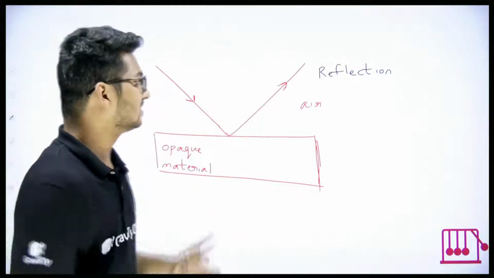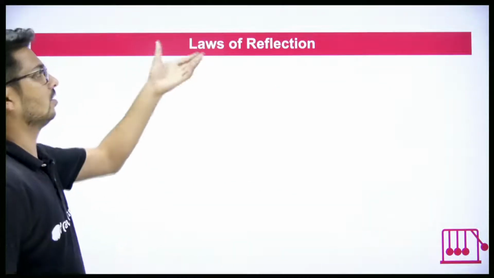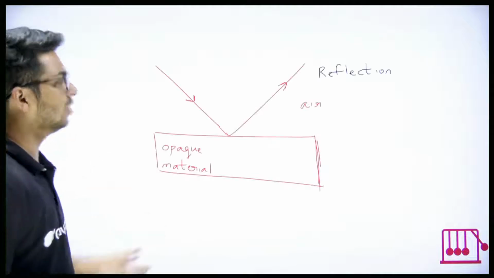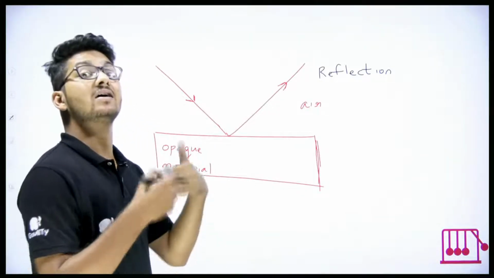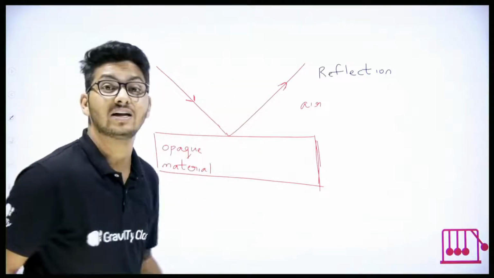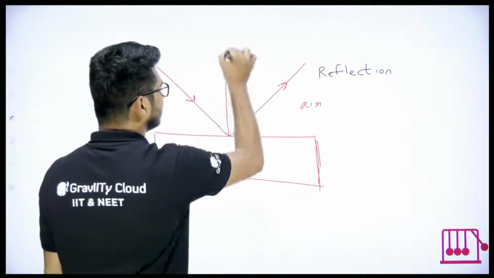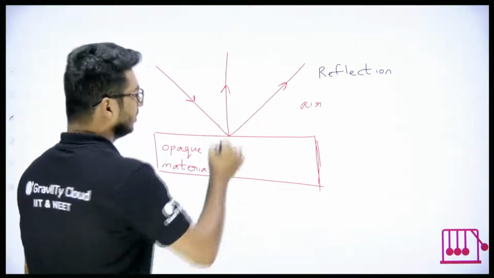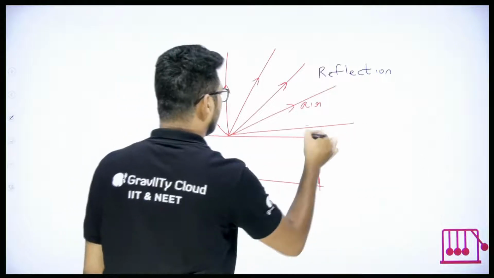Now, when we discuss the laws of reflection, what do they do? They help us in predicting the direction of the reflected ray. See, this is going back into the medium, this is also going back into the medium, all of them.